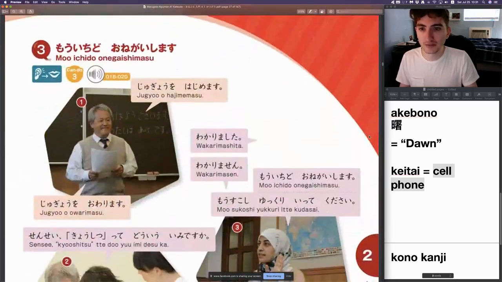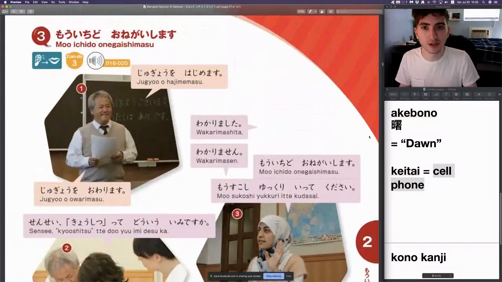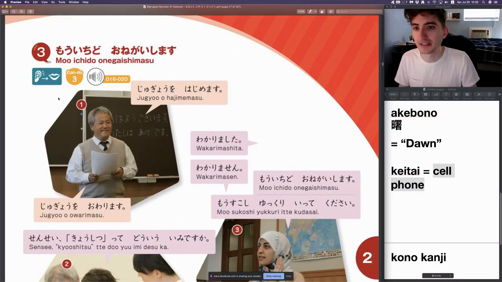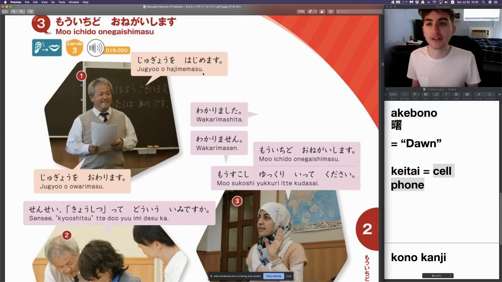Okay, let's move on. Here are some more phrases that you will hear in the classroom in Japanese. The sensei will start class with this phrase. 授業を始めます. 授業 is class. を始めます means I will start or we will start. Let's start class, or class will begin.